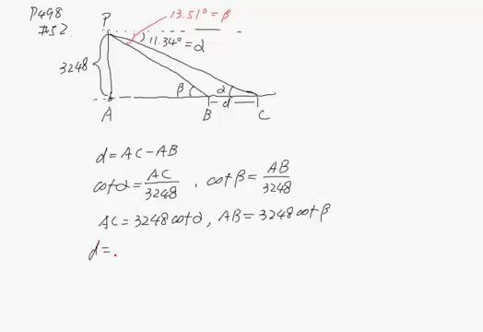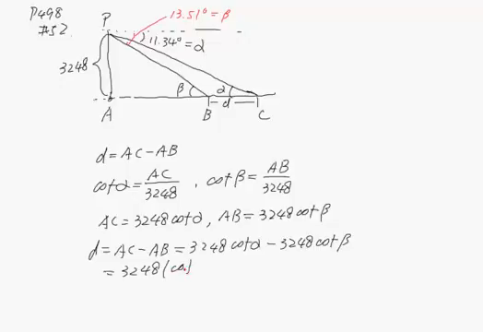And then D is equal to AC minus AB, which is equal to 3248 cotangent alpha minus 3248 cotangent beta.